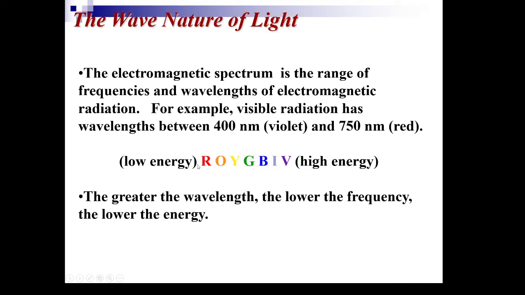So our electromagnetic spectra, okay, range of frequencies and wavelengths of electromagnetic radiation. Where we're going to focus on is visible light. Okay, and visible light moves from a low energy to a high energy. And we'll talk about that and how you're going to be able to figure that out. Okay. But the colors of the rainbow are what makes up white light.